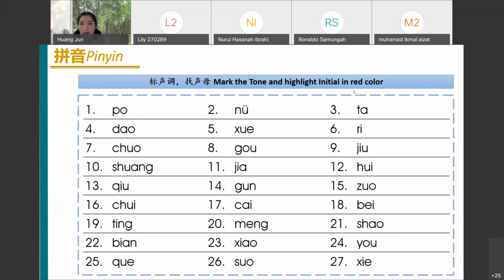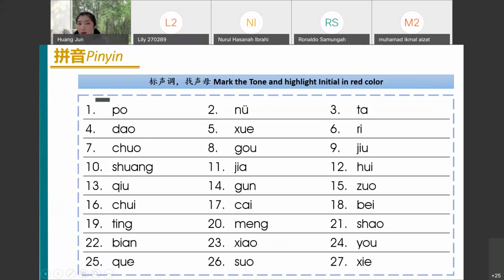Make sure you read my request clearly. Read the question clearly. You have to mark the tone on those syllables. In the first group, you put the first tone, like number 1, number 4, number 7. So for all the syllables in the first group, you put a first tone above them.